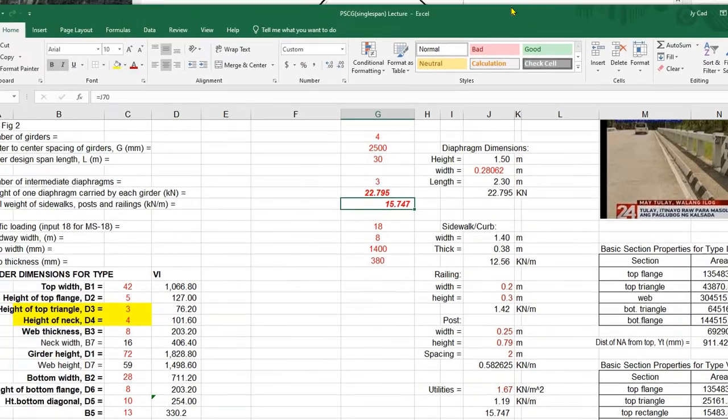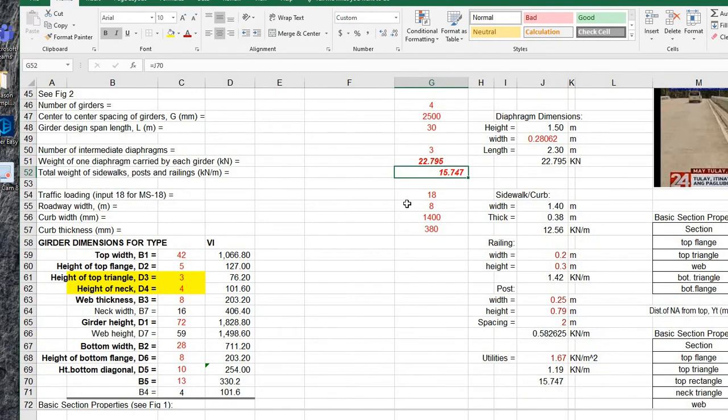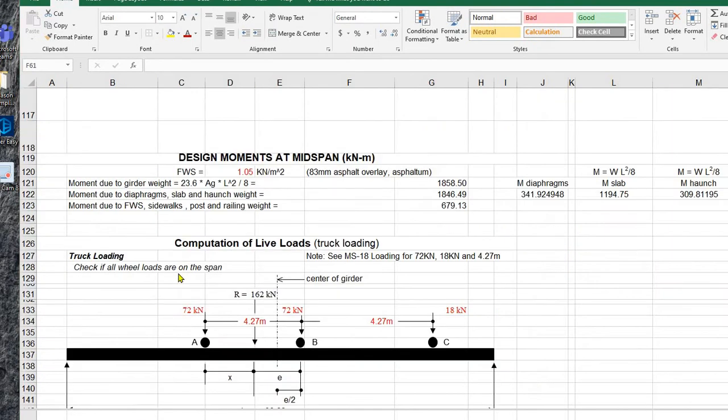Okay? And then next we have design moments at midspan. Remember that our structure is designed as a simply supported beam. Kaya zero moment at ends and then maximum moment at midspan.